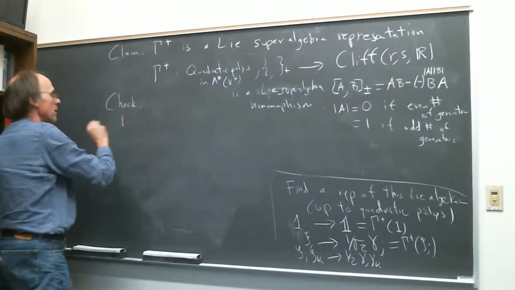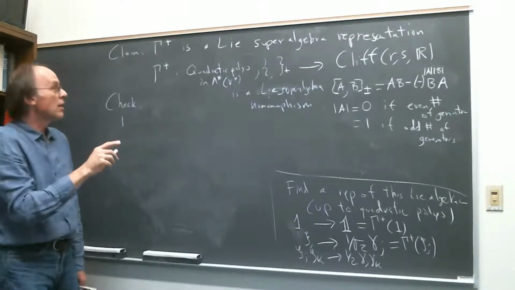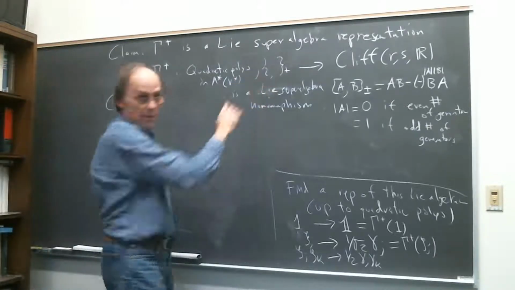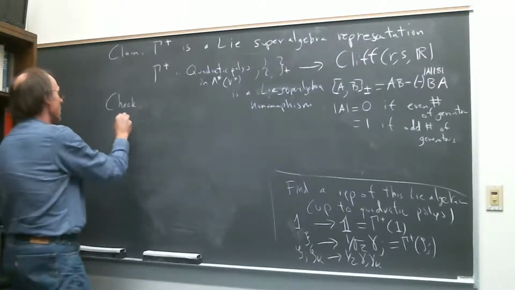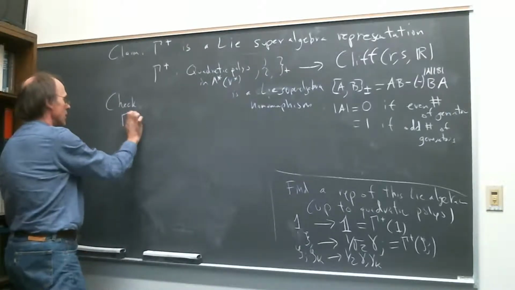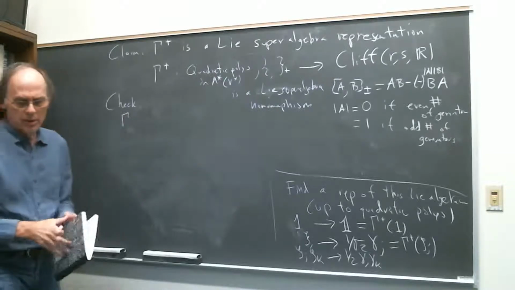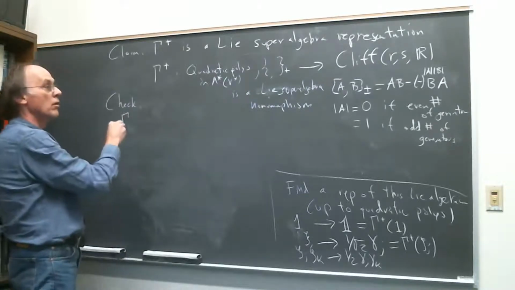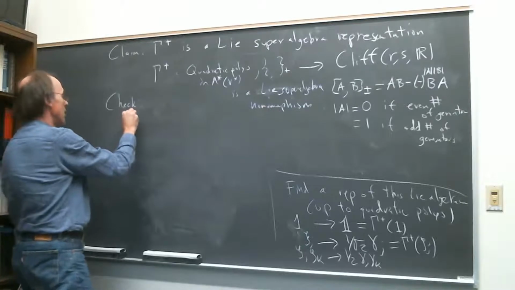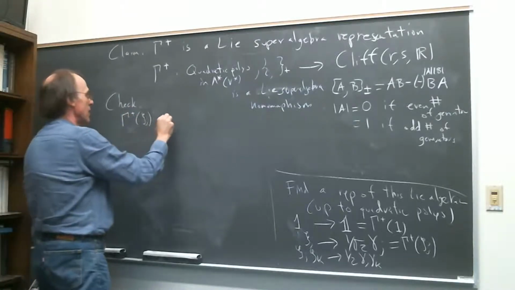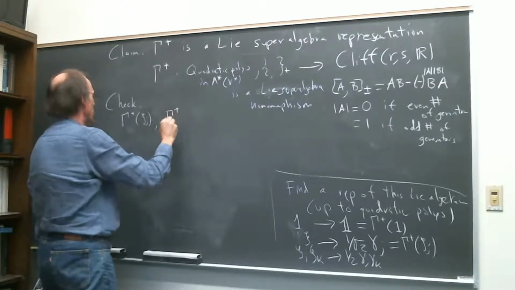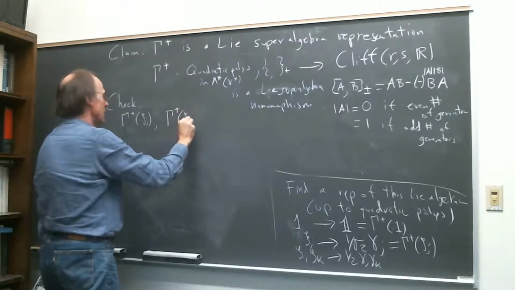Let's see what happens on generators. You take gamma plus of psi j and gamma plus of psi k.